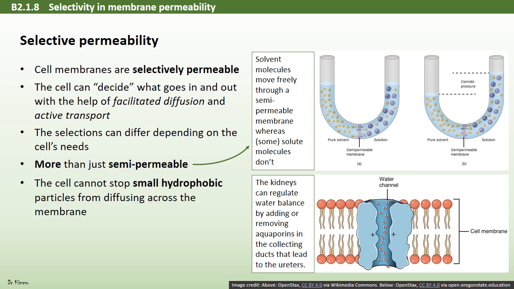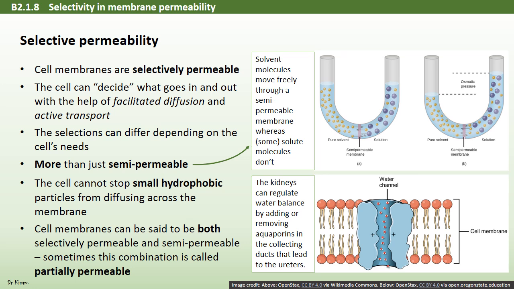However, the cell cannot stop small hydrophobic particles from diffusing across the membrane. So, cell membranes are said to be both selectively permeable and semi-permeable at the same time. Sometimes this combination is called partially permeable.